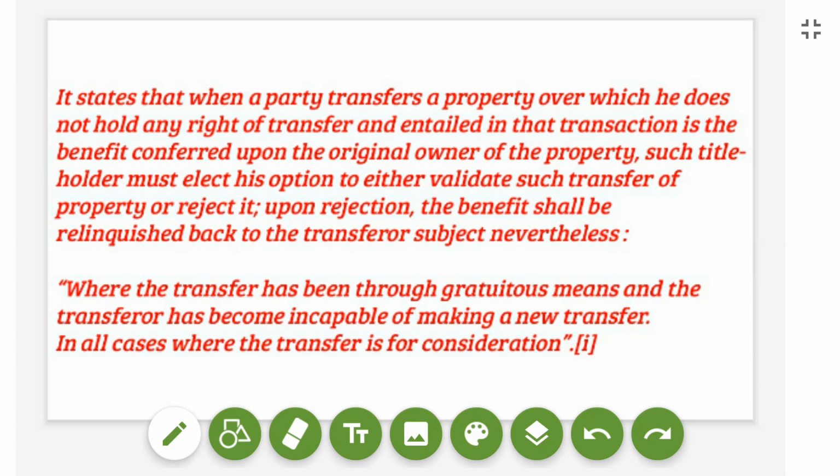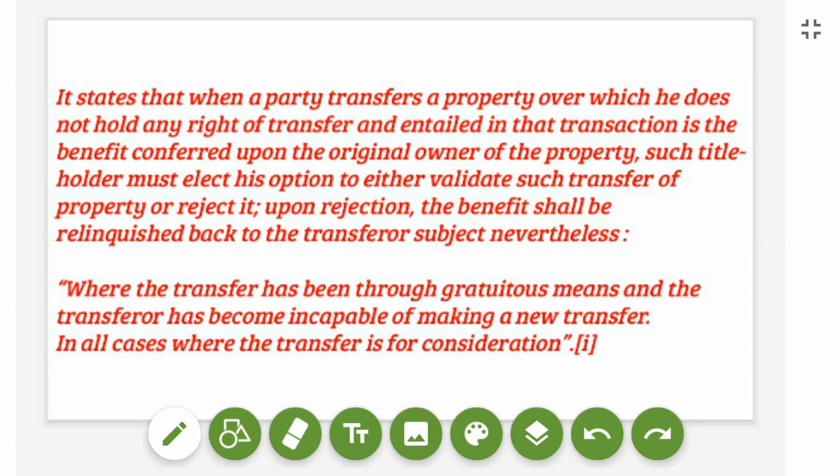For a layman, election simply means choosing between two or choosing between many. When we elect our representatives, when we vote for them, we elect them. So here also, Doctrine of Election is nothing new. Doctrine of Election is choosing between the two, that is saying yes or no, assenting or dissenting.